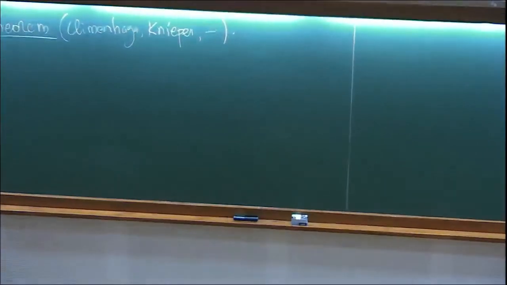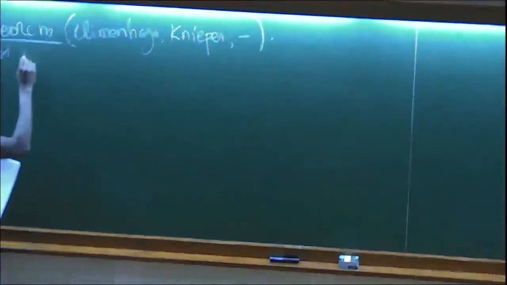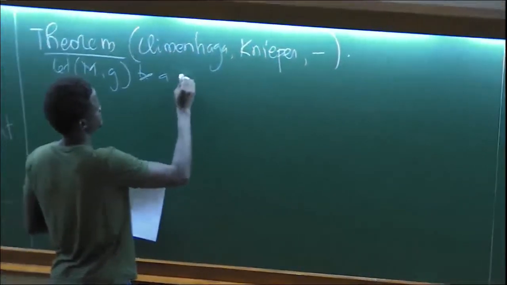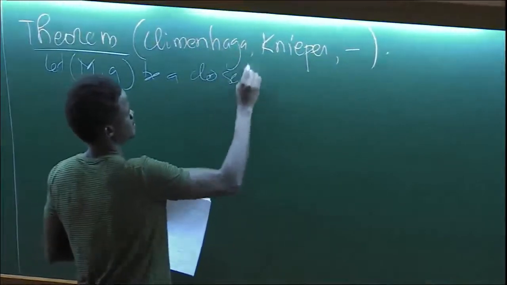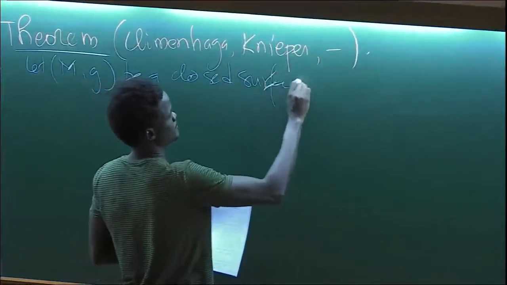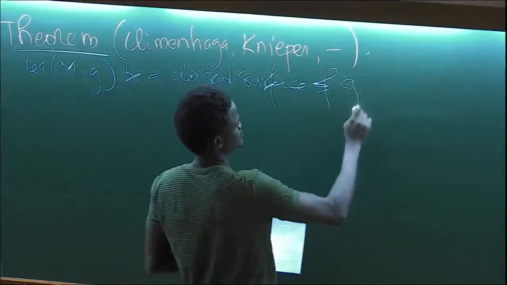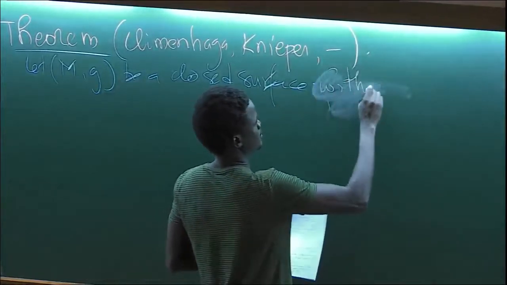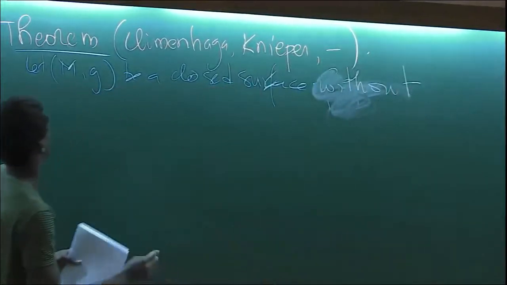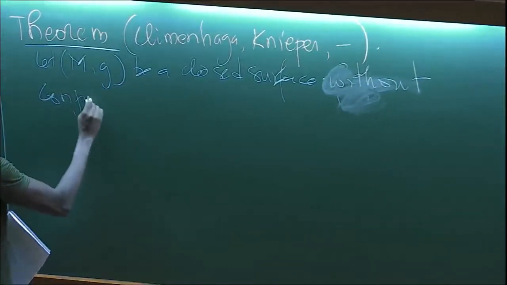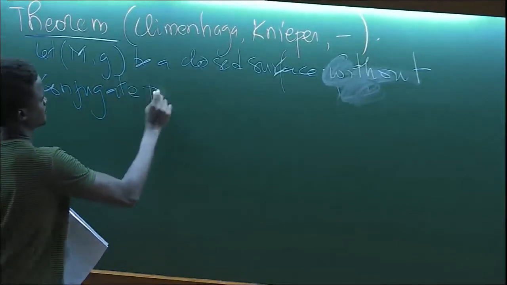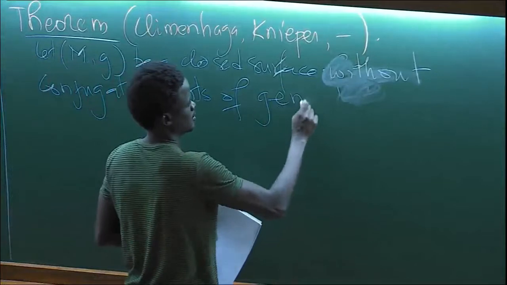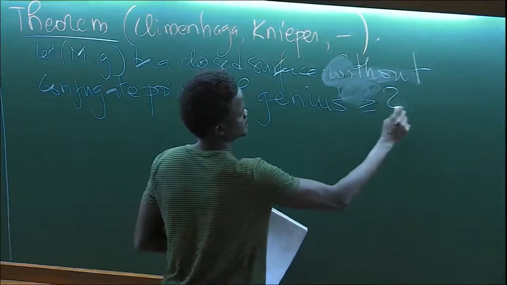So basically, we say: let M be a closed surface without conjugate points, of genus greater or equal to 2.